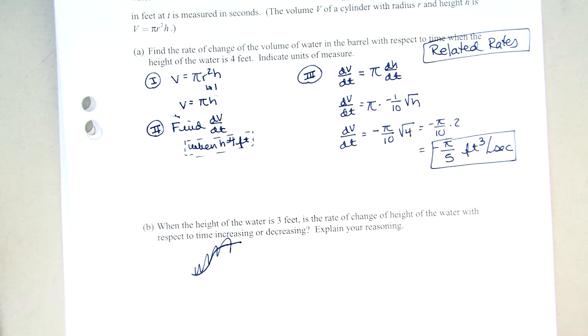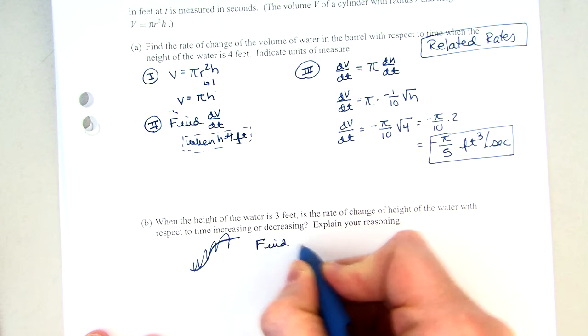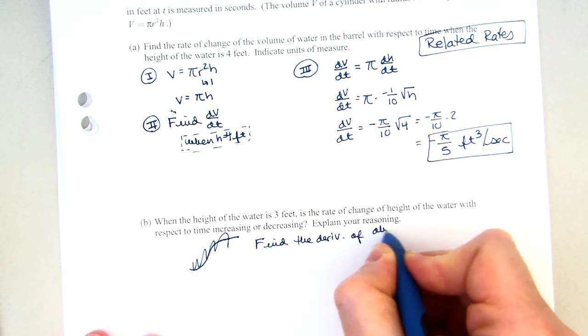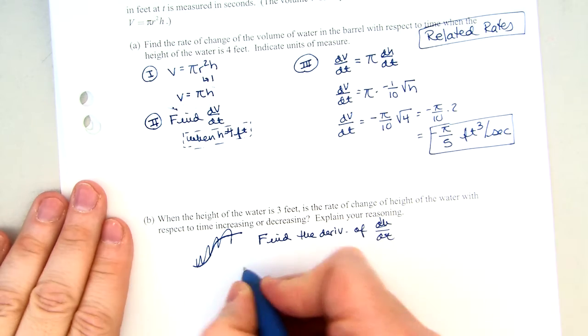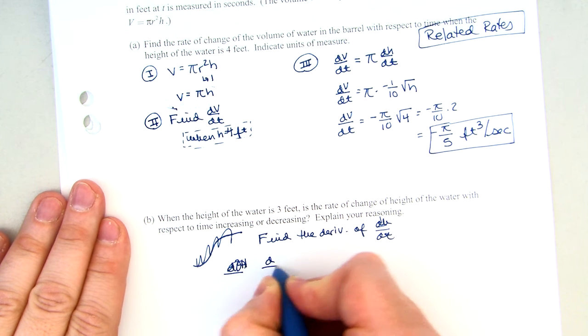How do you figure out if anything is increasing or decreasing? You look at its derivative. Well, what's the derivative of the rate of change of the height? The second derivative. I need to find the derivative of dh/dt, which means I need d squared h. Let me go back to my regular notation.